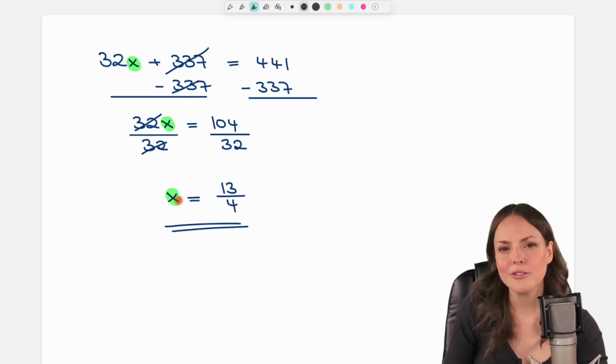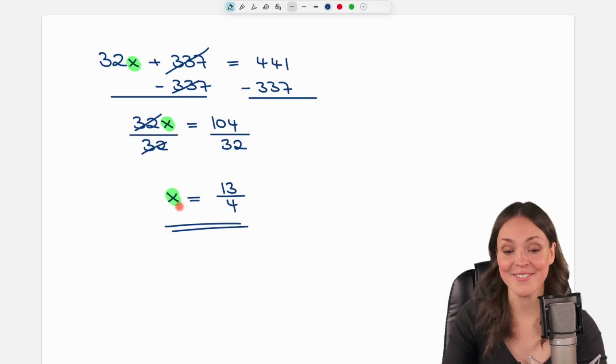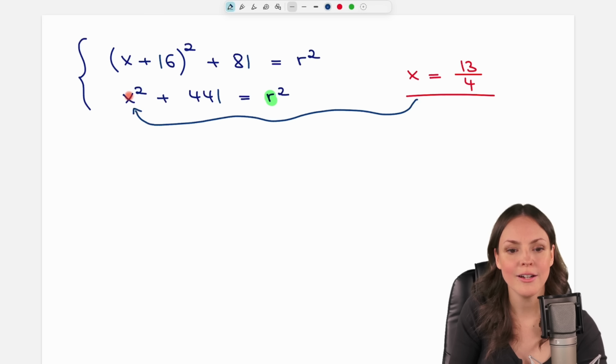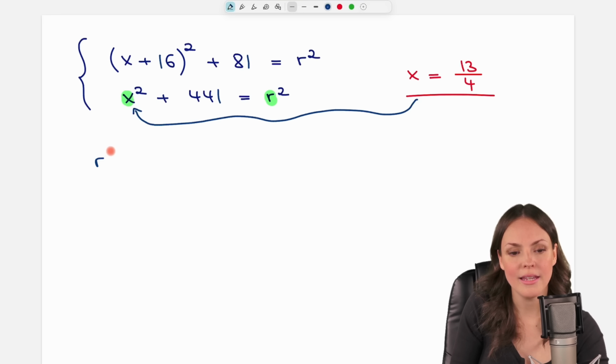Were we really interested in x? Not really. We wanted to find the radius, but we can find the radius now with this information because we have our equations here and the radius is in here. We can use this value for x and insert it here for x to find the radius. So we know that r squared is the same as x squared.